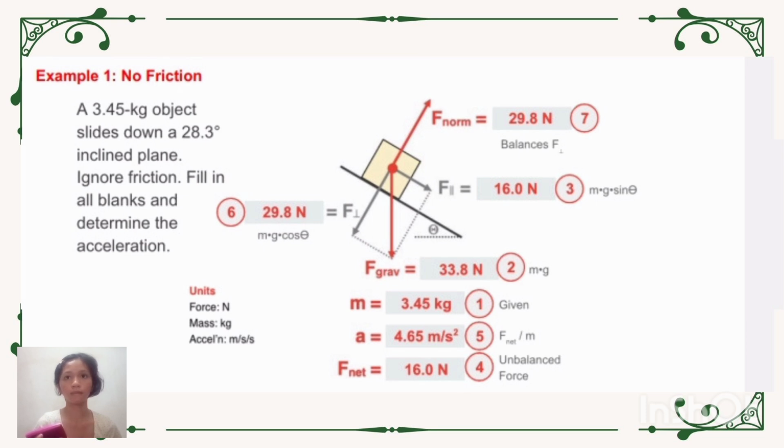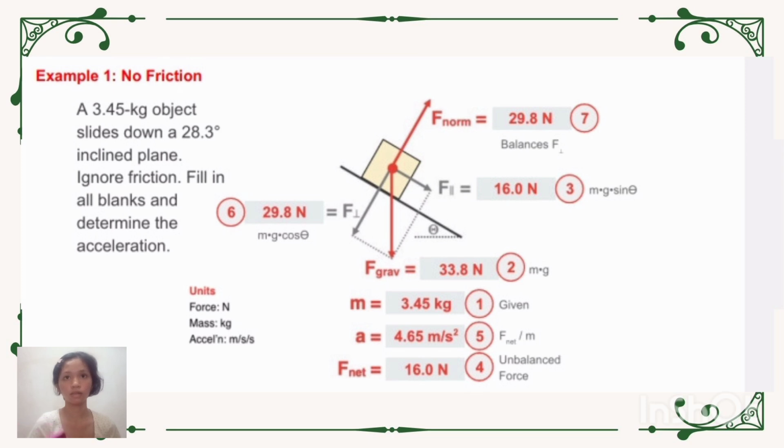So next up we have to find our perpendicular force. So we multiply our mass, which is once again 3.45, times 9.8, times cos of our angle, which is 28.3.